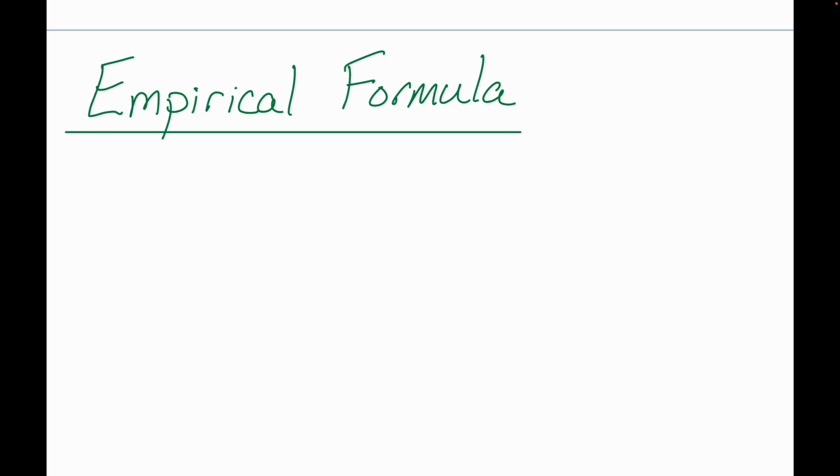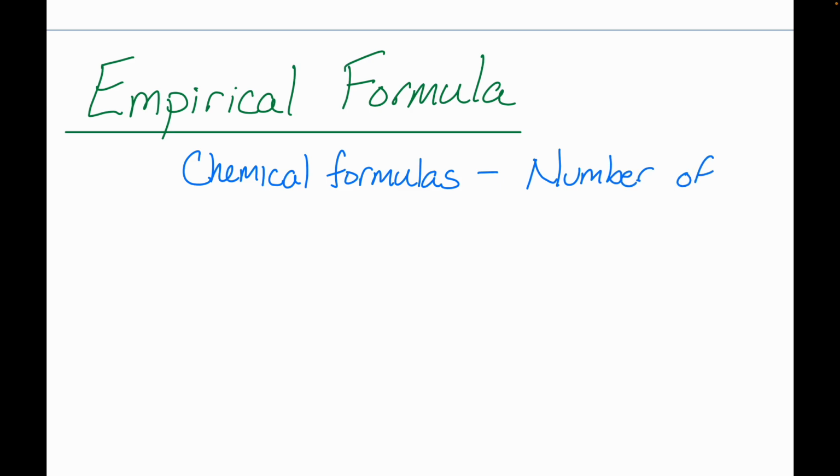We've discussed chemical formulas before. These are simply a summary of the number of atoms or ions of each element in a compound.